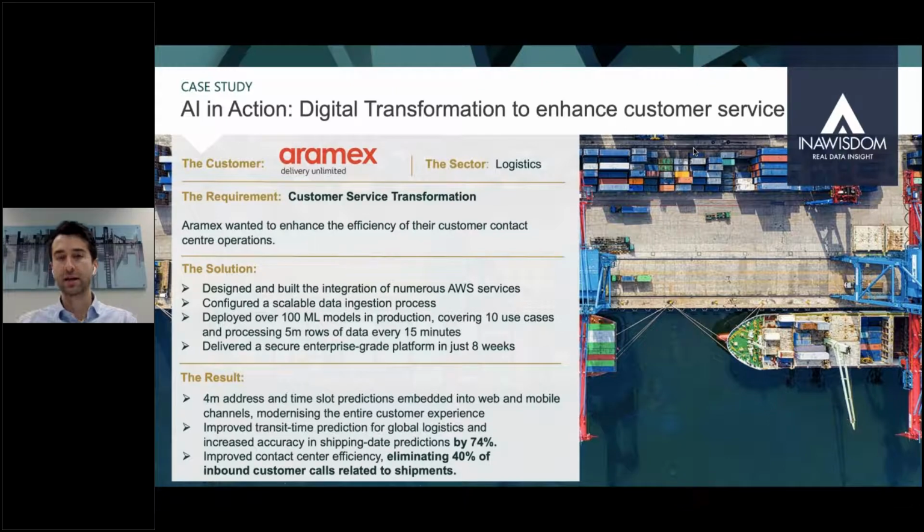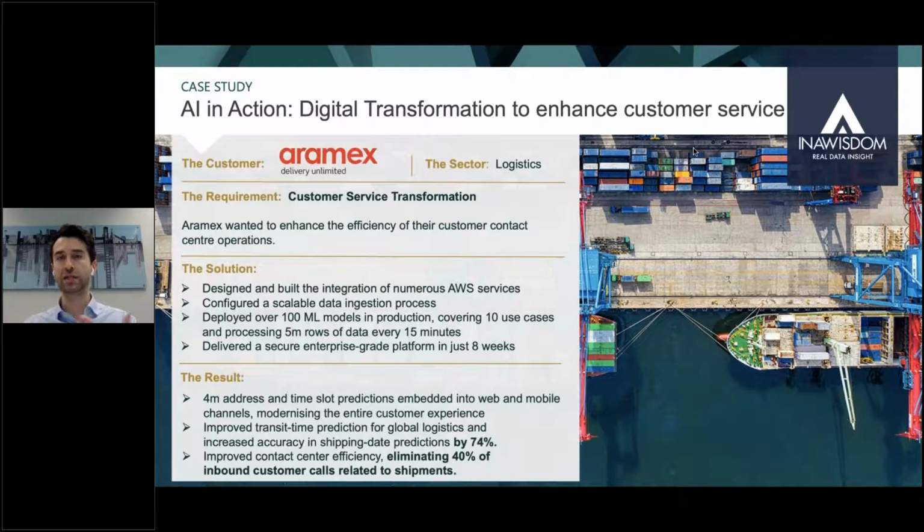Right. Now I can share with you some use cases from real customers that we had. I want to start first with ARMAX. ARMAX is a major logistics company in the Middle East. What they needed is they wanted to digitally transform the business around customer services.